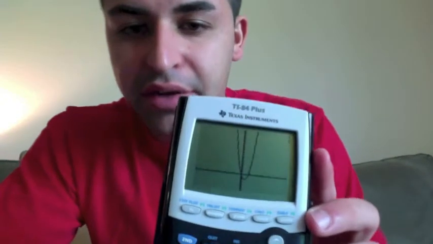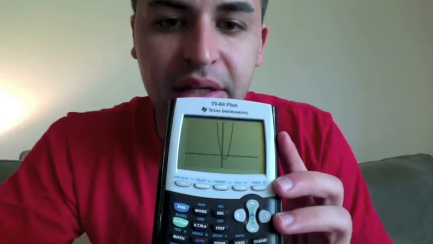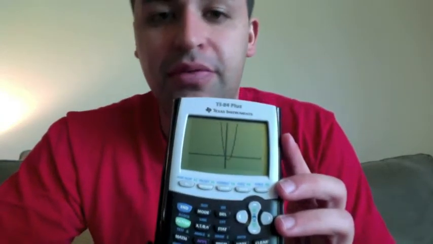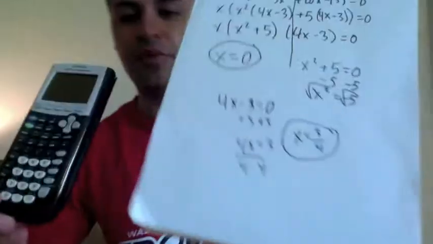And then minus 3x to the 3rd plus 20x squared minus 15x. Let's go ahead and graph that. And you can see how the graph hits the origin, 0, 0, goes underneath the x-axis and comes back over it at about 3/4, which is our other real root that we found.